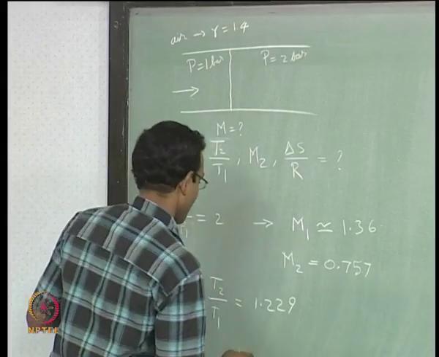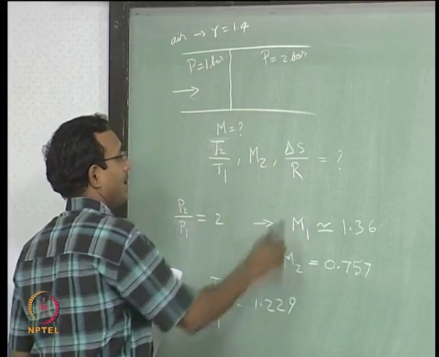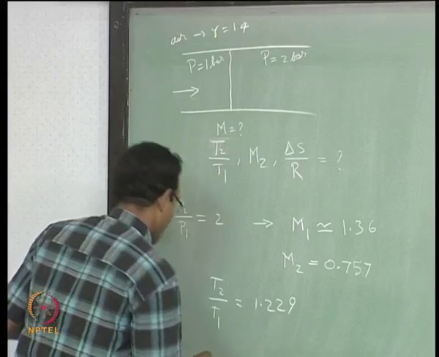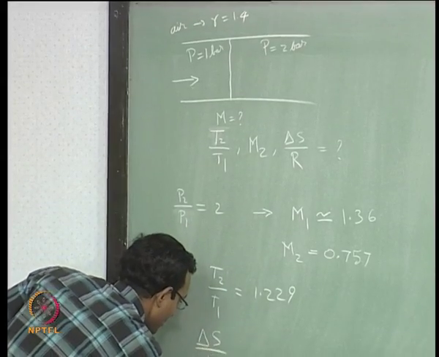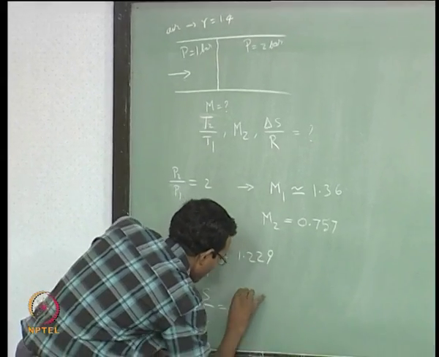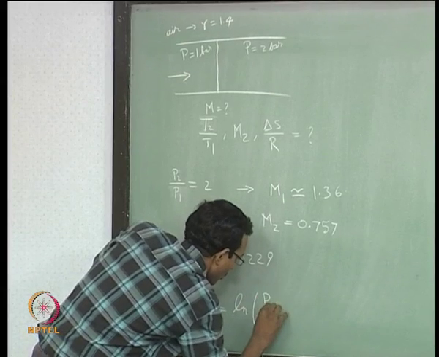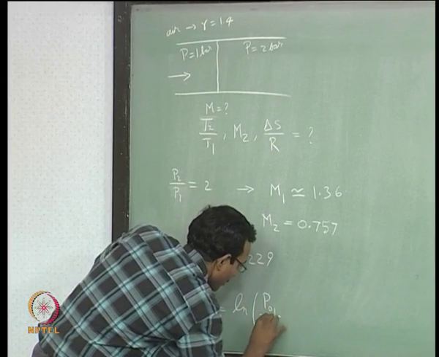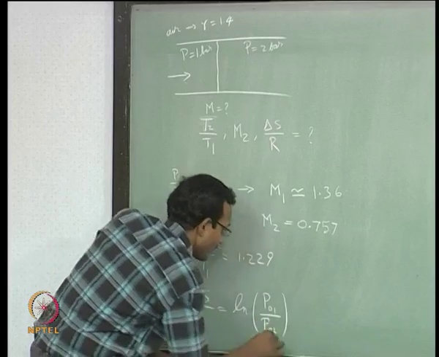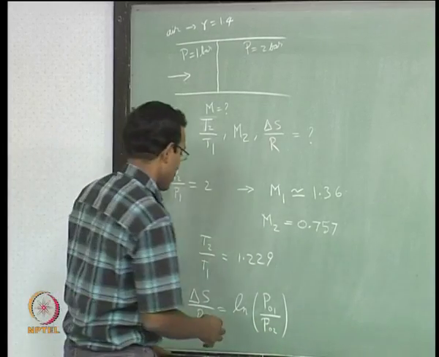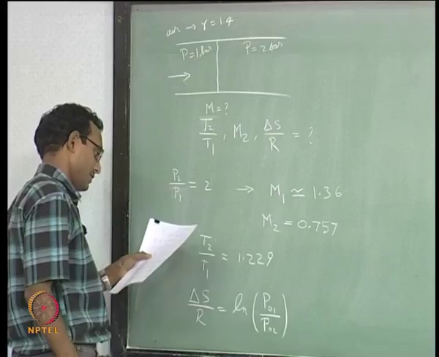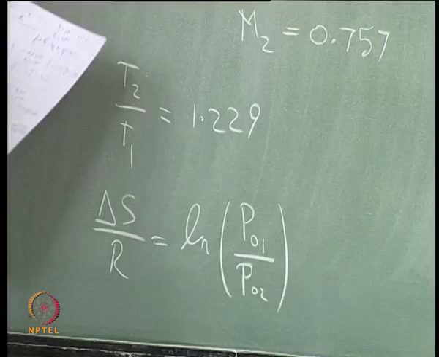Now I want delta S by R. What is delta S by R? It is equal to log of P01 by P02. We proved this already. So now I want to find P01 by P02.